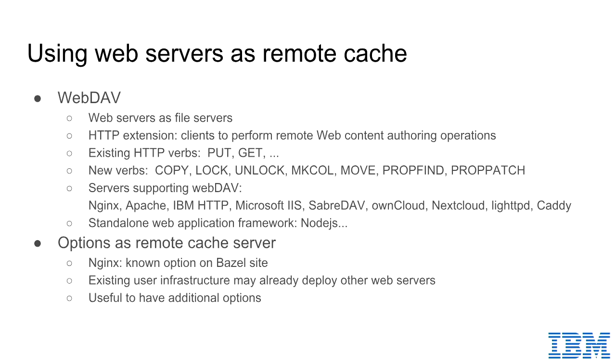Before we show you how to implement your own Bazel remote cache, let's talk about WebDAV. So what is WebDAV? Basically, it's an HTTP extension. It lets clients perform remote web content authoring operations. Basically, it turns your web server into a file server.